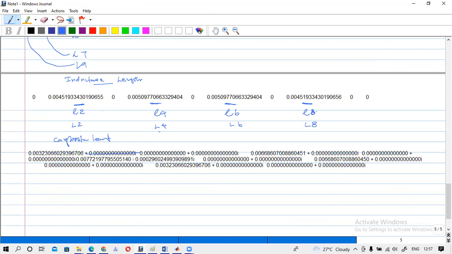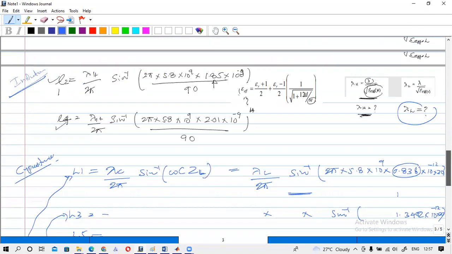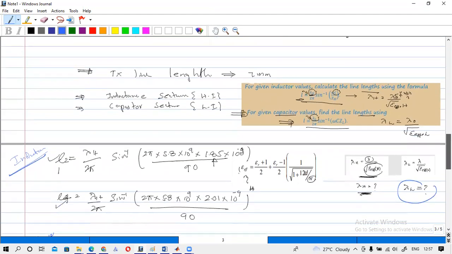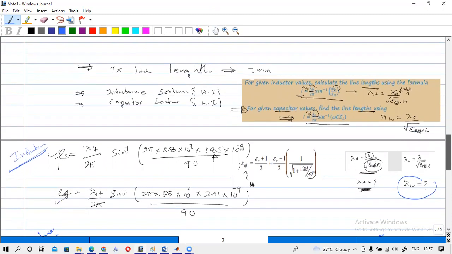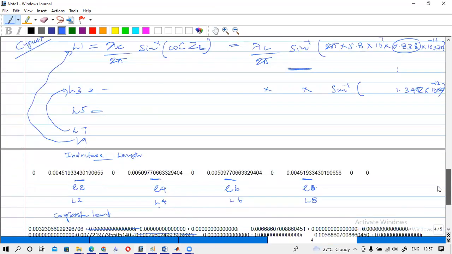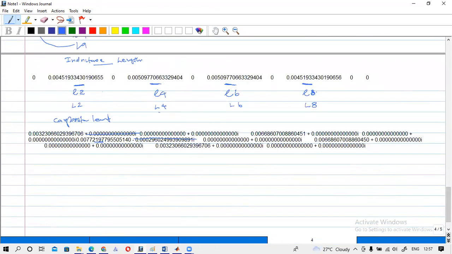Here you may have a complex value, but you can consider only the imaginary parts, because sometimes these sine inverse values, for some phi value, may be a complex value. So we have to ignore the imaginary parts and consider only the real parts.